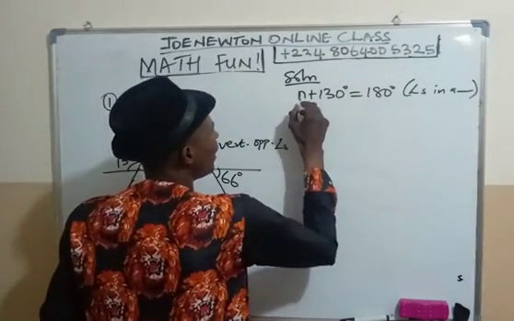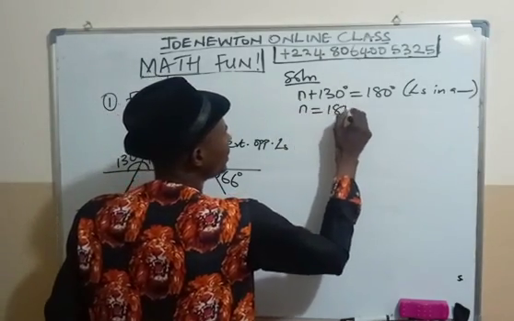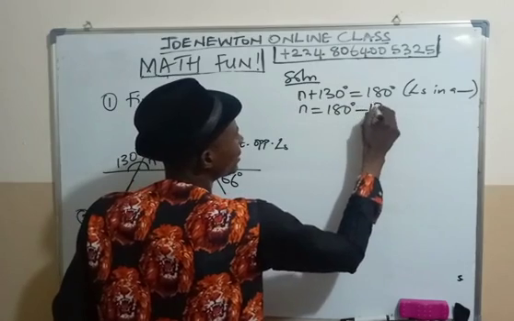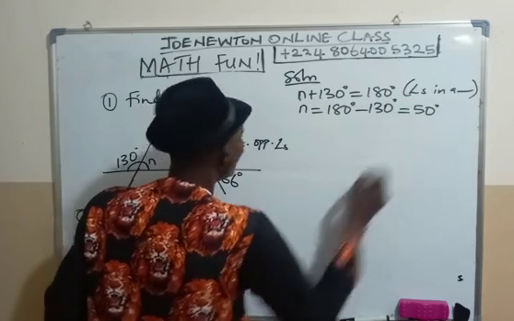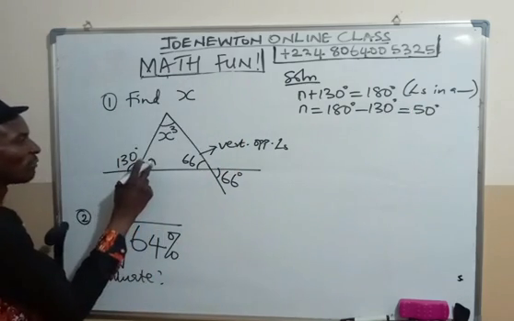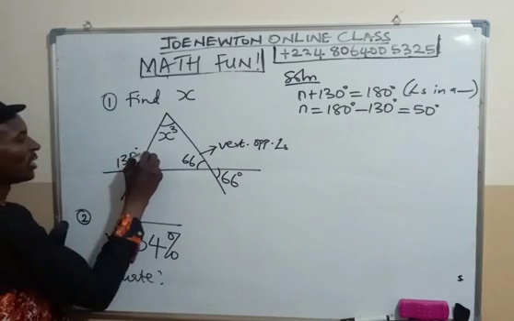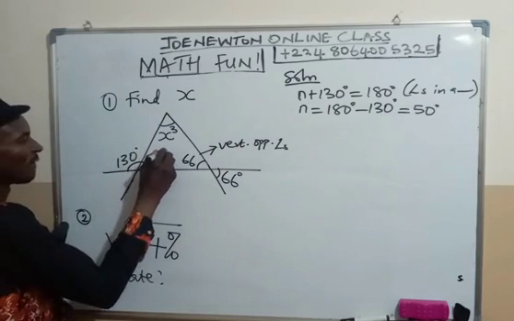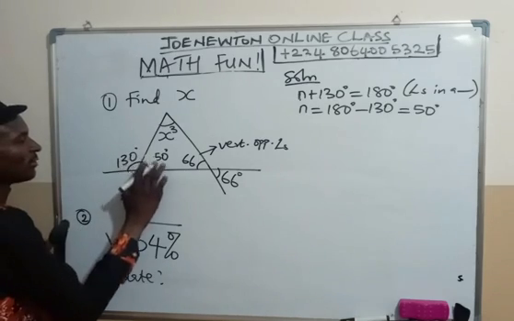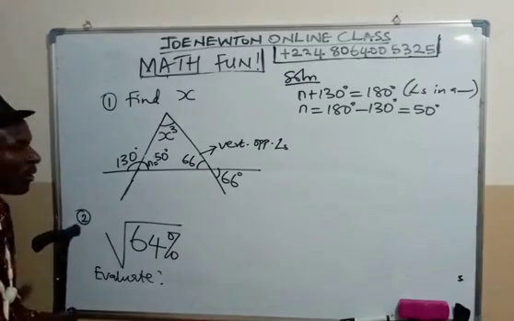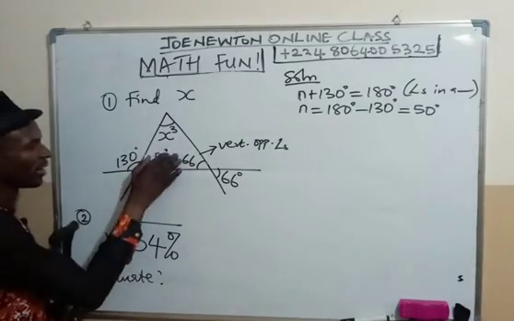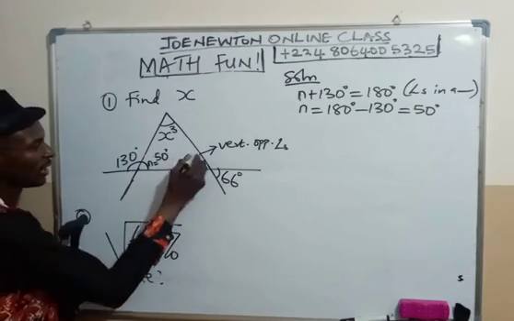So we have that N will be equal to 180 degrees minus 130 degrees, which is equal to what? 50 degrees. So this place is 50 degrees. So you can see we have 50 degrees here, 66 degrees here.